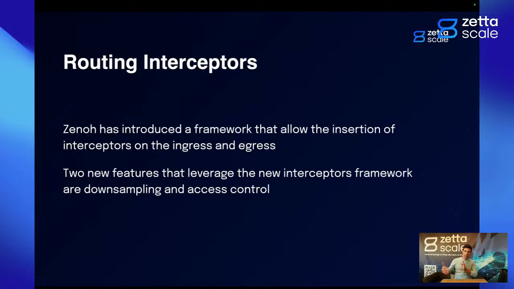Think about downsampling. And there might be plenty of other cases in which I want to inject logic into the routing that happens either ingress or egress. And this is why we introduced in Zenoh routing interceptors, and two examples that we provide as features, right, that can leverage this framework are downsampling and access control.